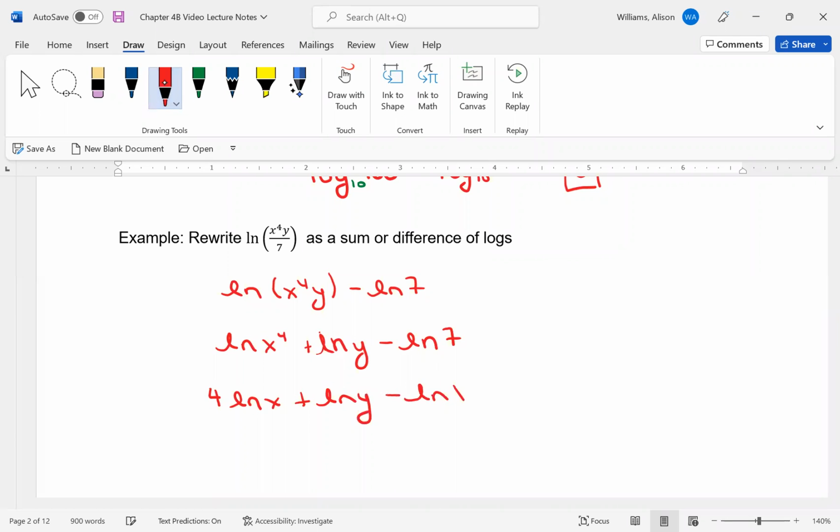And there we go. Now, this type of problem where we're expanding into multiple logarithms is actually really useful in calculus. There's an application of this in calculus, but we won't really see much beyond this, just practicing expanding into multiple logarithms.